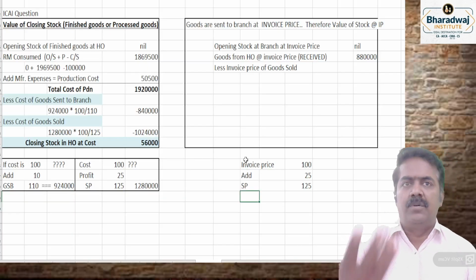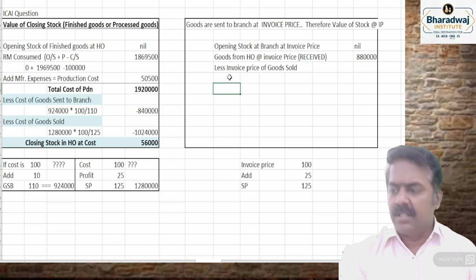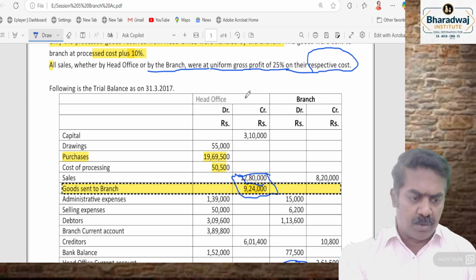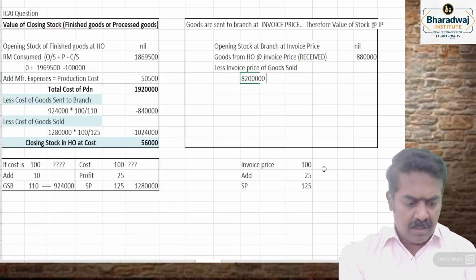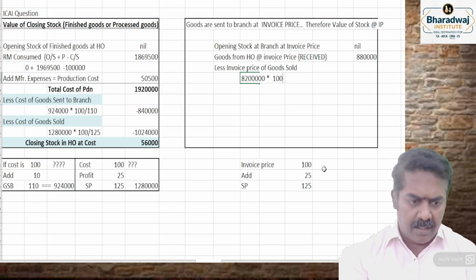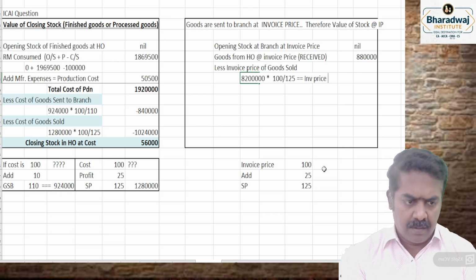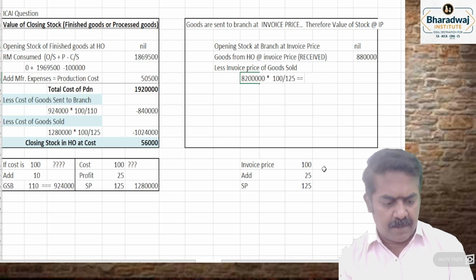When we are sending the goods at invoice price, that will be the cost for them. So what is the invoice price of the goods sold? What is the sales at branch? 8,20,000 into 100 by 125. This will give us the invoice price of goods sold. How much?